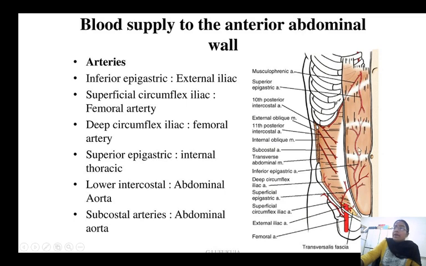The inferior epigastric artery, which you will come across again in the rectus sheath, is a branch of the external iliac. There are also other branches. When we studied the femoral artery, we came across superficial and deep branches: superficial circumflex iliac, deep circumflex iliac, lower intercostal and subcostal vessels, along with veins. This is the vasculature of the anterolateral muscles of the abdomen.